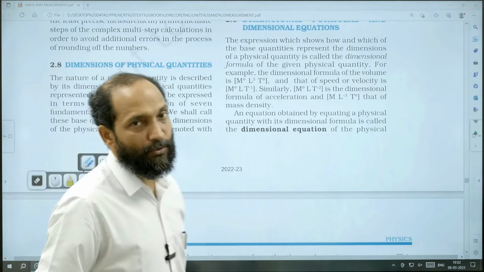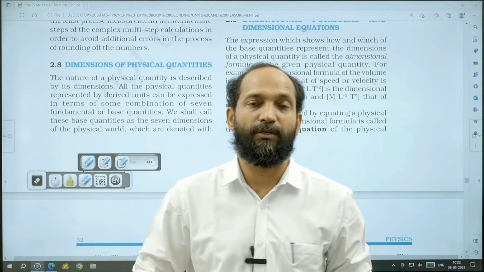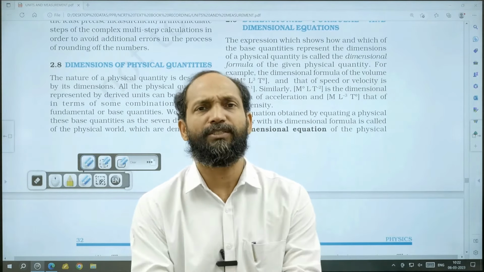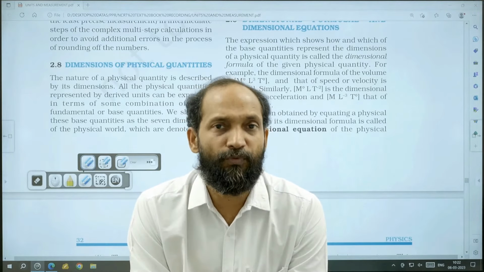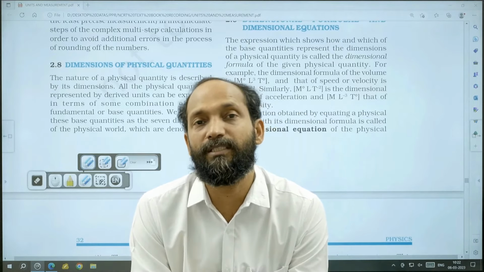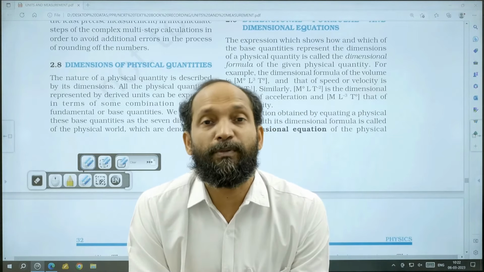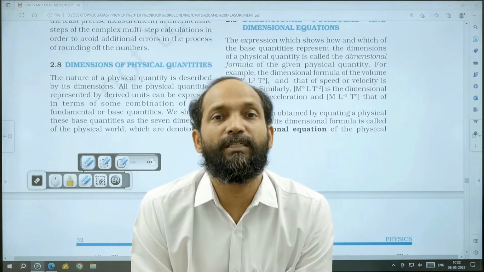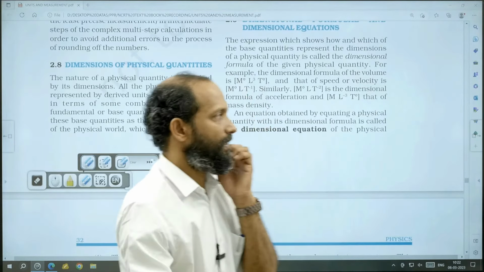Every derived quantity may be expressed in terms of fundamental quantities. Every derived quantity can be expressed in powers of fundamental quantities. The power of a fundamental quantity expressed in a given derived quantity is called its dimension.